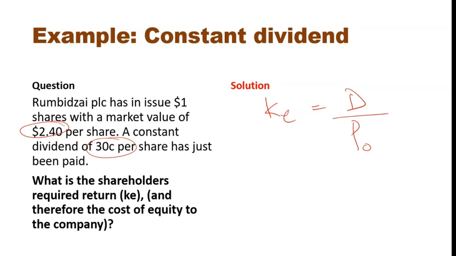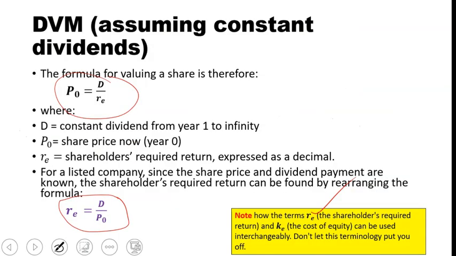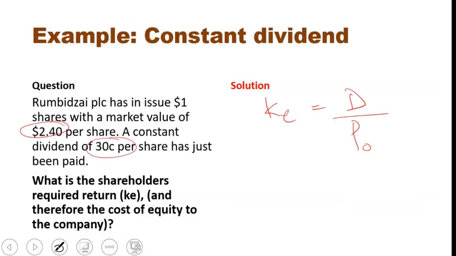We know that D is the constant dividend from year 1 to infinity, so the dividend that has already been paid is not going to change. So this is 30 over 240.